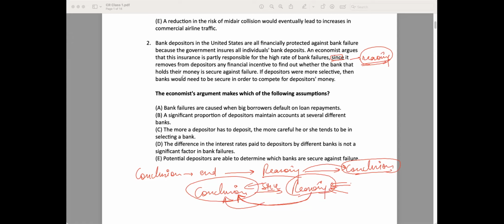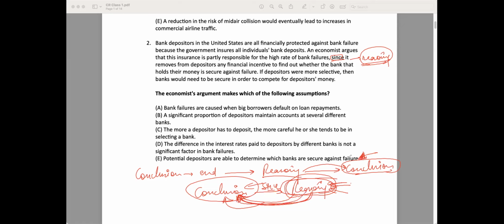Sir, and in this question, we are looking for the assumption that could link between the reasoning and the conclusion. Yes. Assumption is always something which is linking the reasoning with the conclusion. So it might impact the reasoning itself, because if that is the assumption and that is the truth, that means we can use this reasoning to jump to the conclusion.